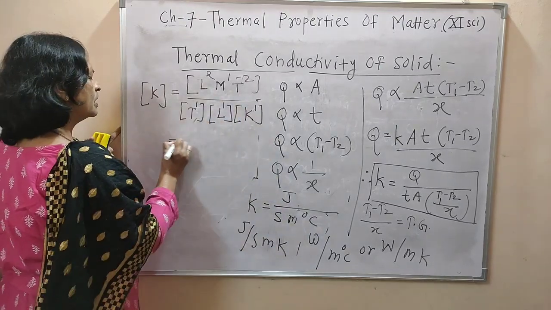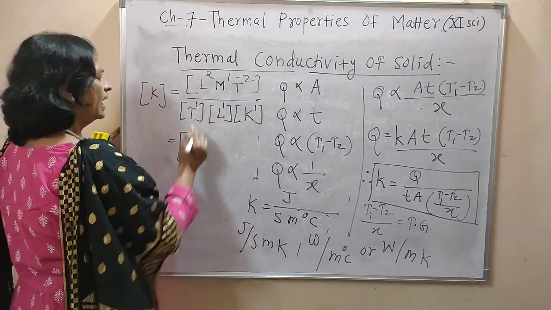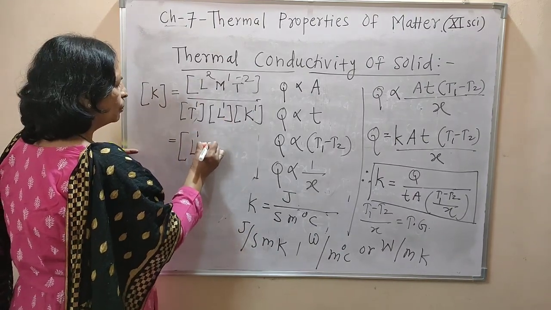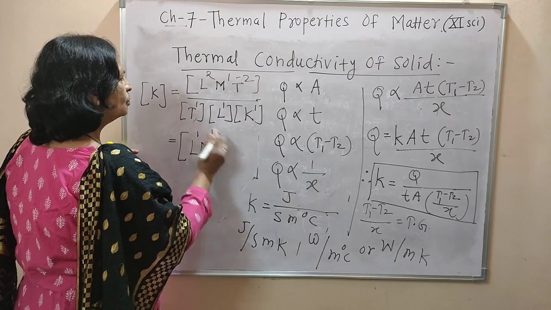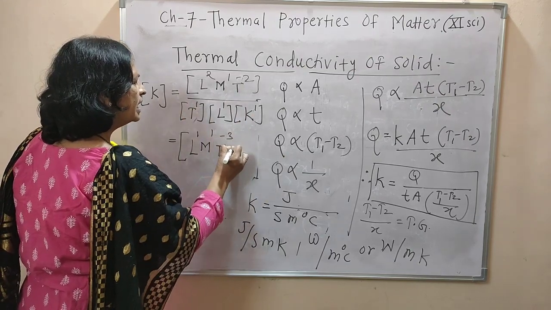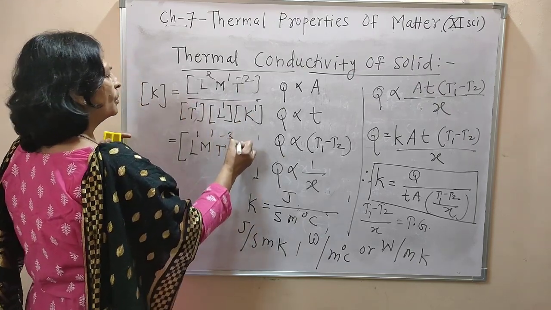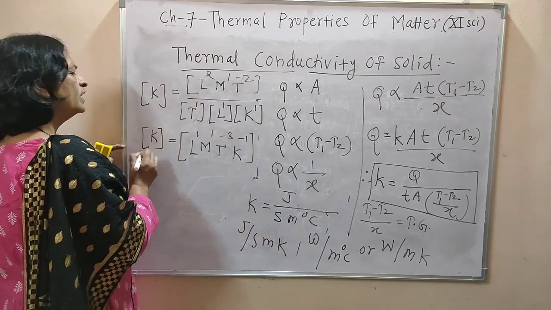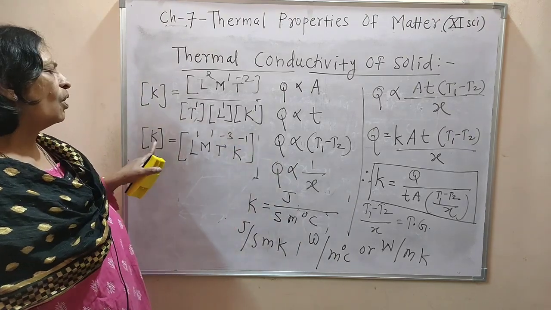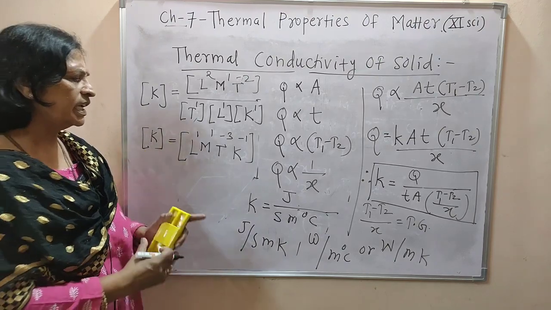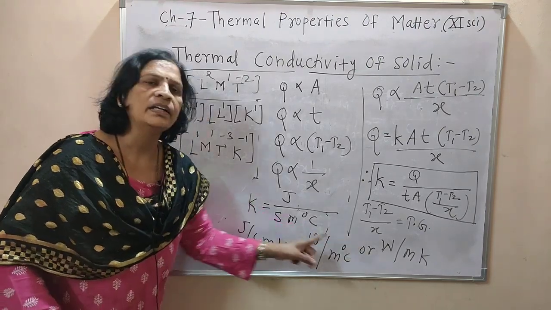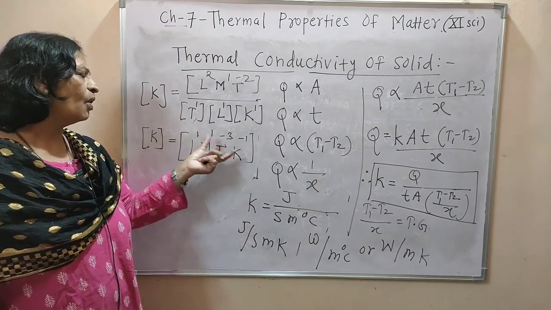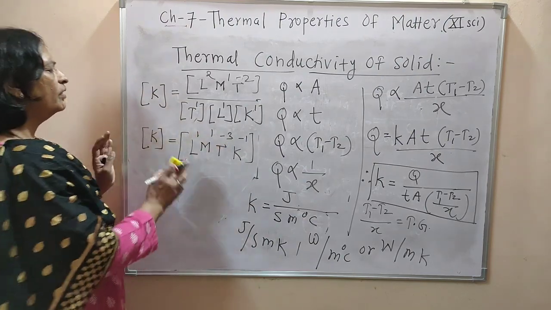The total dimension is nothing but L raised to 1, M raised to 1, T raised to minus 3, and Kelvin raised to minus 1. That is the dimension of the coefficient of thermal conductivity. These all 4 are its SI units, and this is the dimension of thermal conductivity.